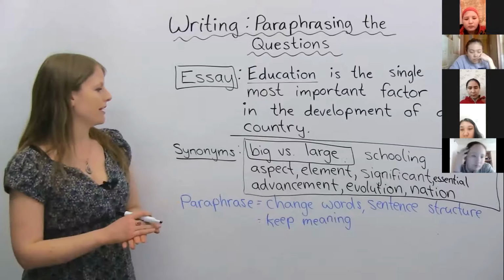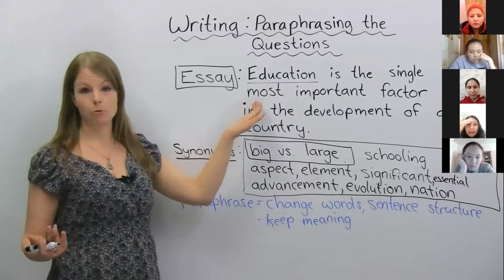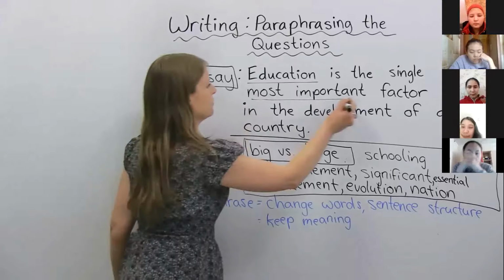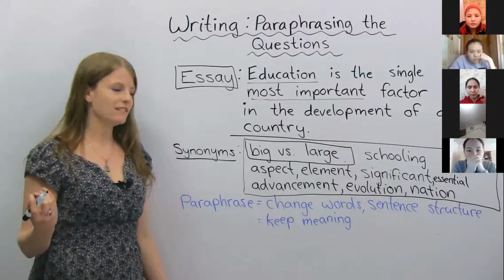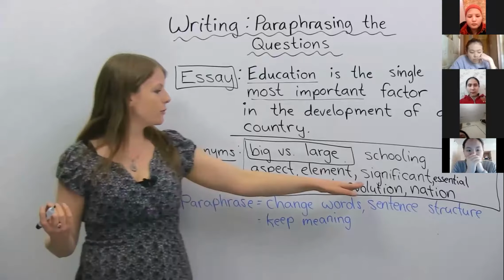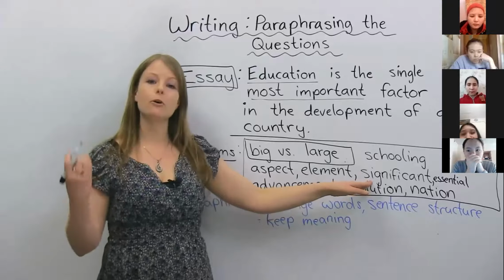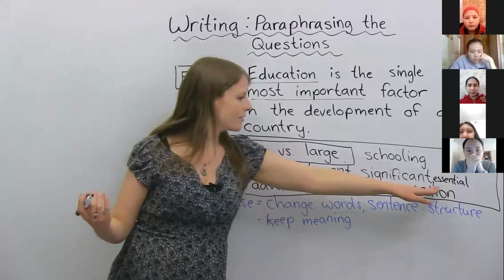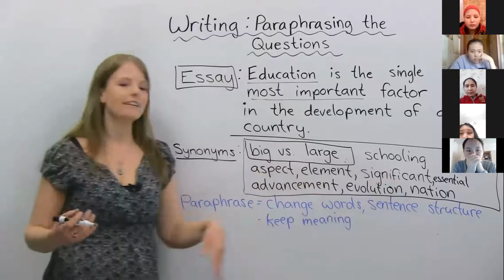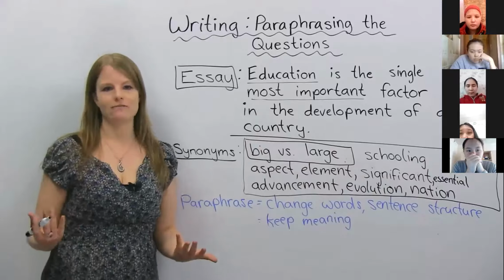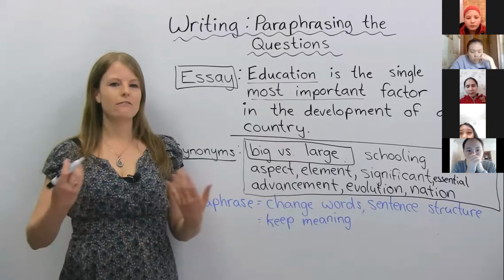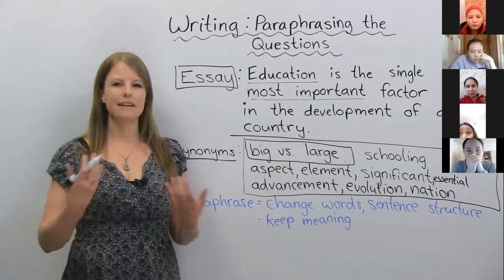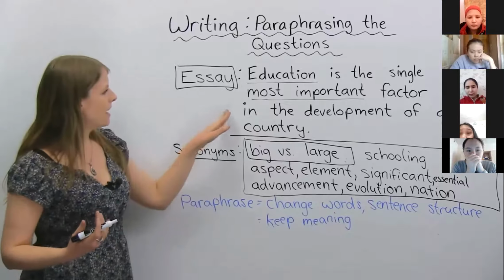What's another word we can change? Well, maybe most important. Instead of using the words most important, maybe we could use most significant or most essential. Okay, so essential, significant. There are many words you can use, but the point here is find a word that has the same meaning, but is a different word.